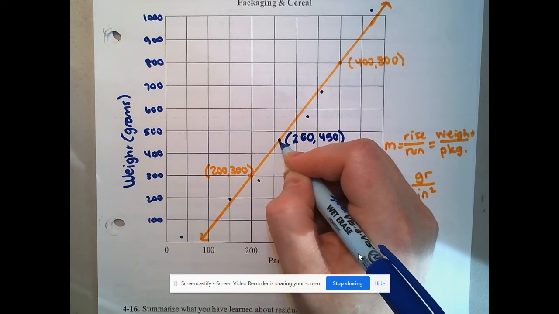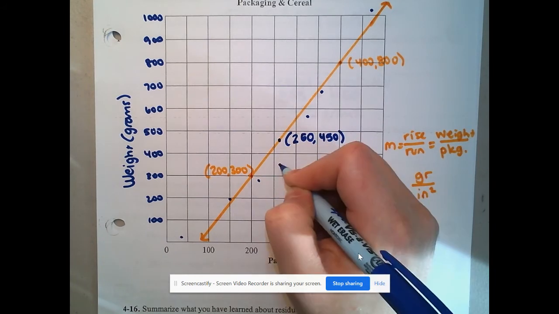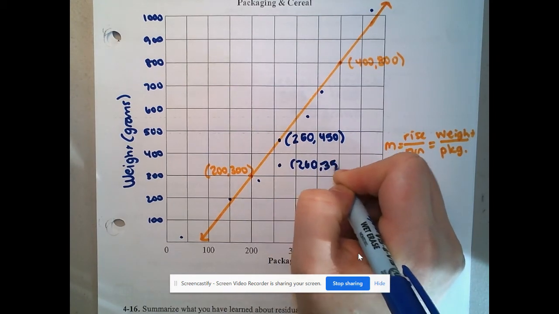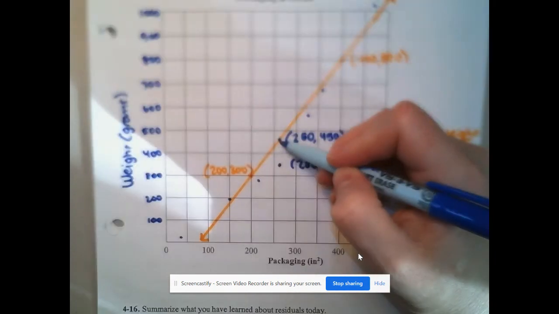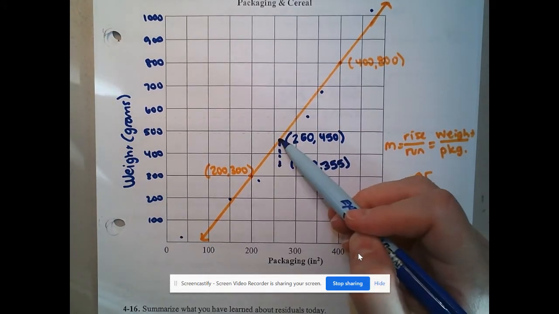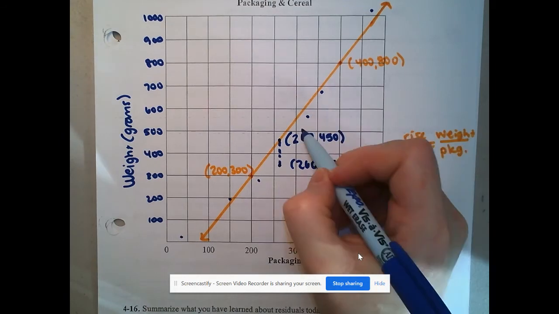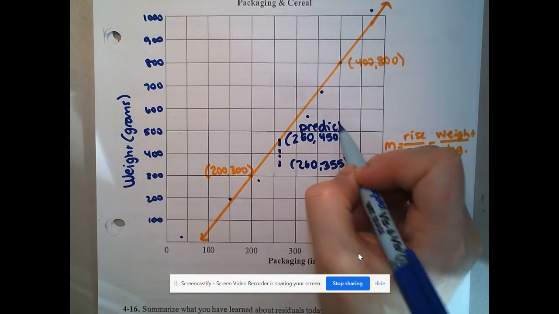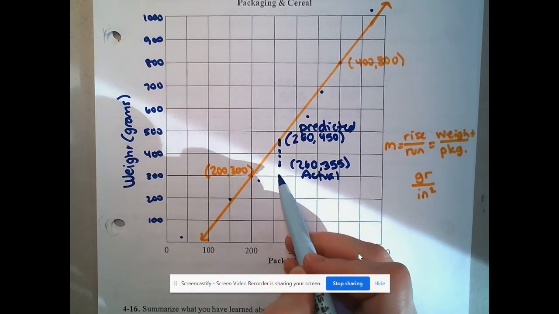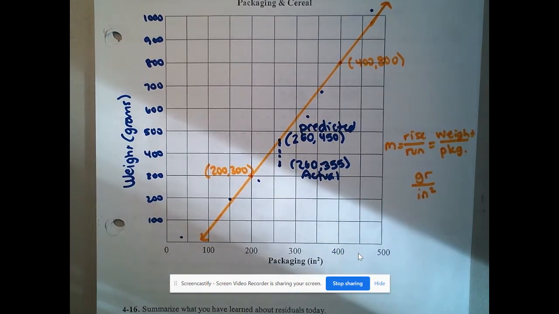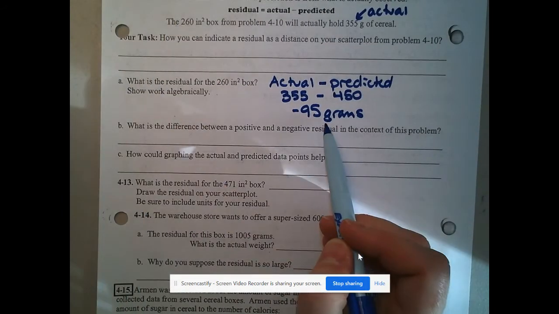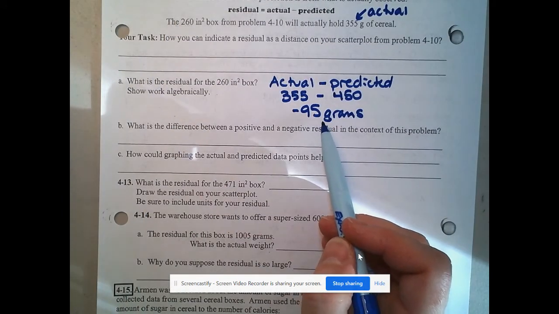But the actual at 260 was more like 355 down here. What we are doing is measuring this distance from the predicted to the actual. This one is predicted by the fitted line, and this one is the actual. We're just finding how far away those two dots are from each other. On here, we found that one dot was 95 grams off.